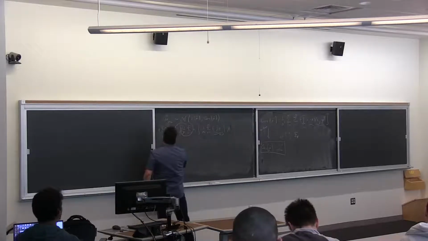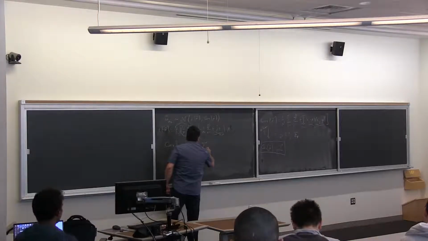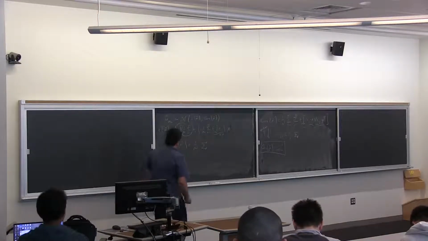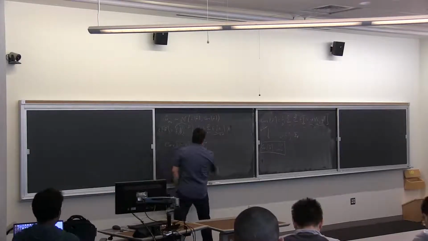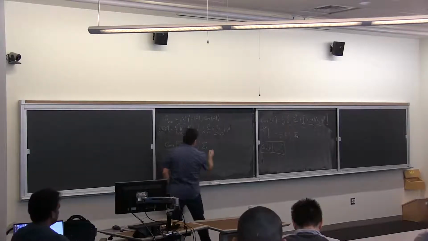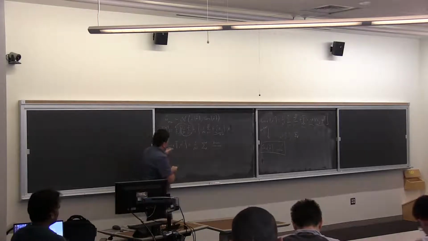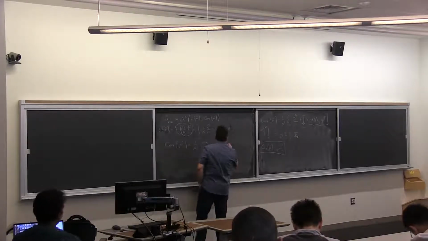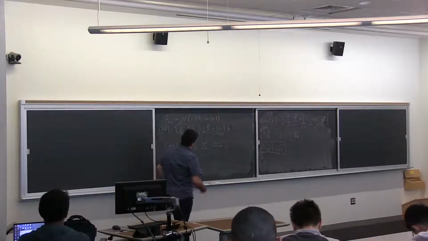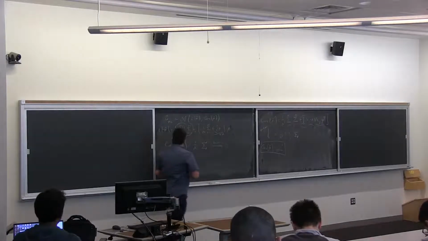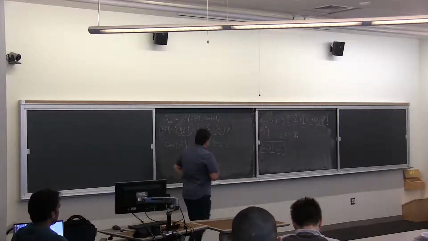So the covariance of mu hat should have been 1 over n times the covariance of x. If the covariance of a parameter estimator goes to 0 as n goes to infinity, as the number of samples goes to infinity, like in this case, assuming sigma is finite, has finite eigenvalues, so finite values in it, then we call this an asymptotically consistent estimator.